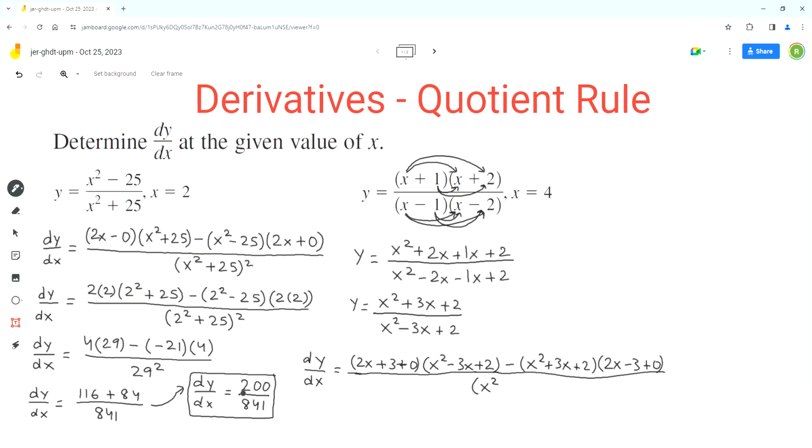So x squared minus 3x plus 2 and then square.